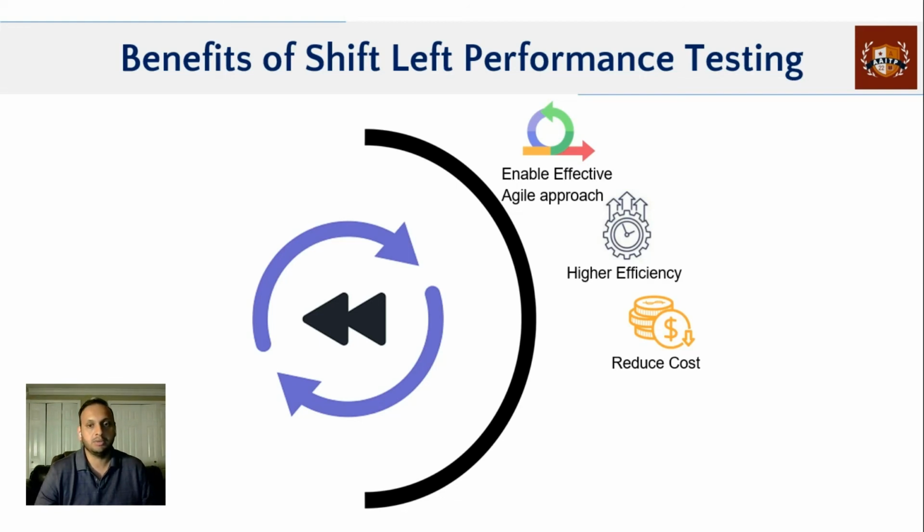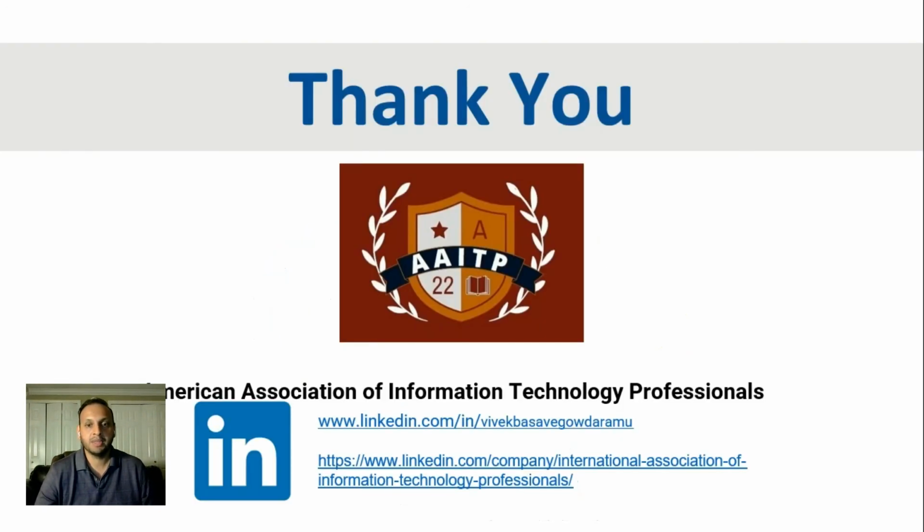So the cost will be reduced overall, and the team will be at a higher velocity. So there won't be any idle time. Team can be utilized much more effectively with this, and again, reducing rework for the development team and also for the performance testing team. So these are all some major benefits we can see by adapting to shift left performance testing.